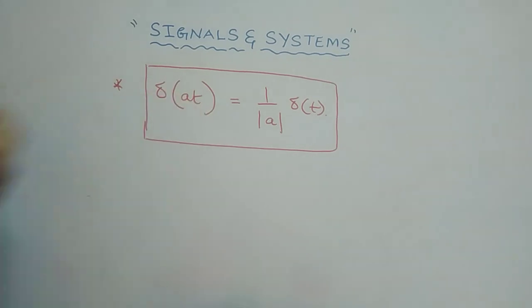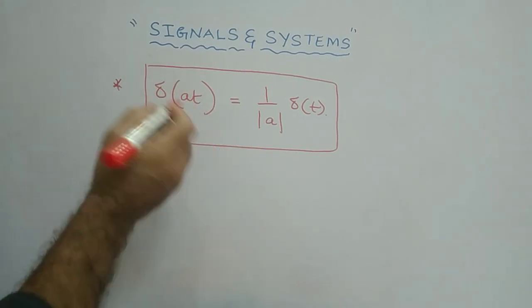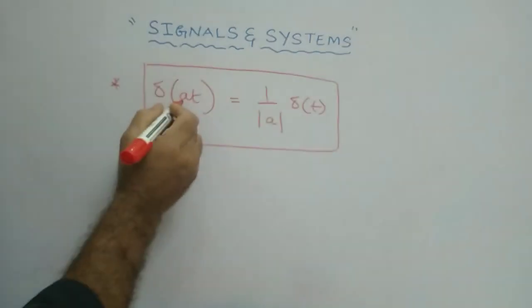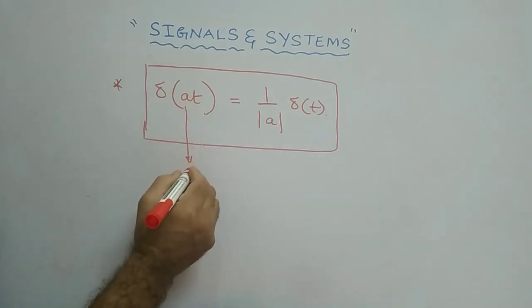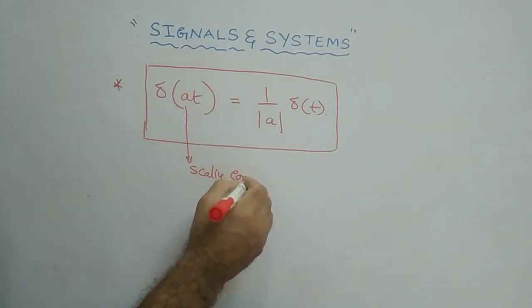Clear? Delta of a t is equal to 1 by a delta of t. What is a actually? Delta of t is the actual impulse function. The time is multiplied with some constant a, which is called a scaling constant or scaling parameter.